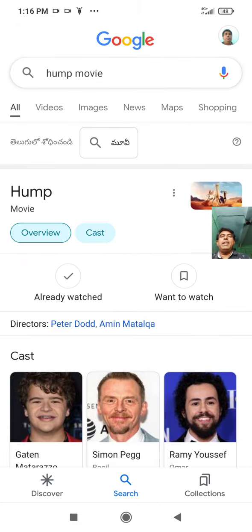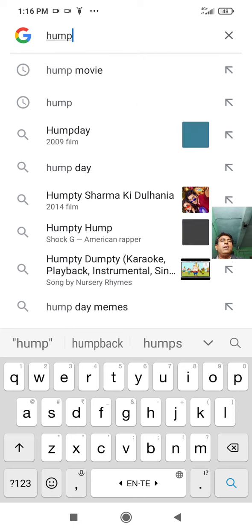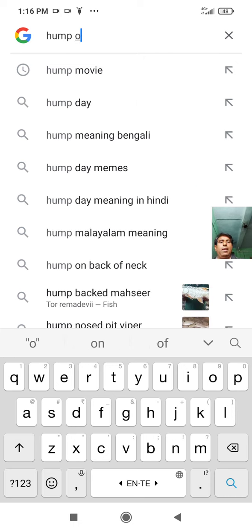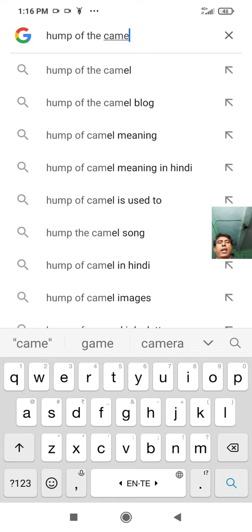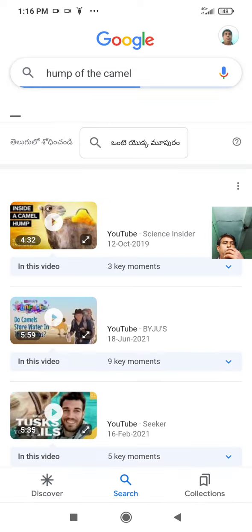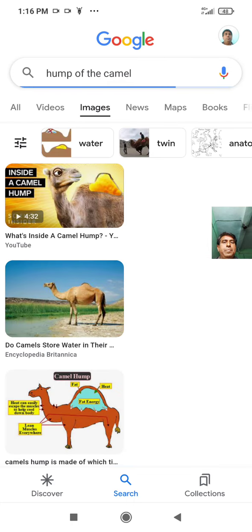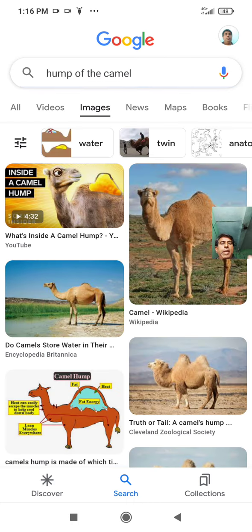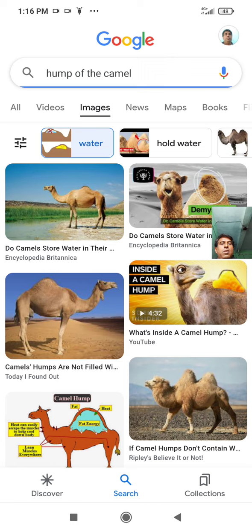So what is the meaning? What is a hump? Hump is the hump of the camel. I learned all these things because I studied that book, Word Power Made Easy. The hump means the upper raised portion of the camel.